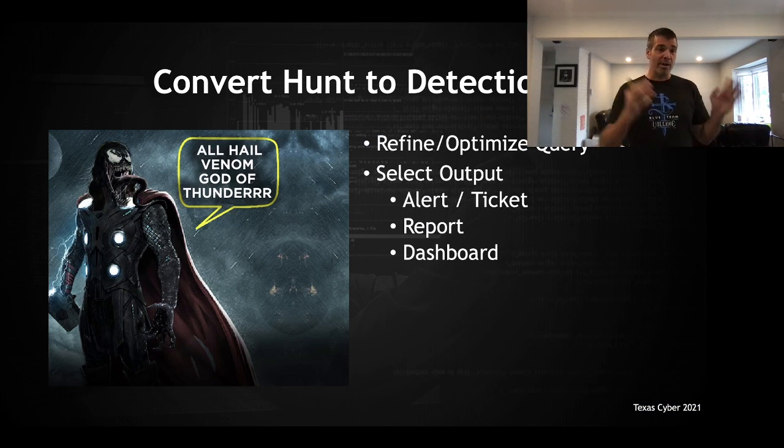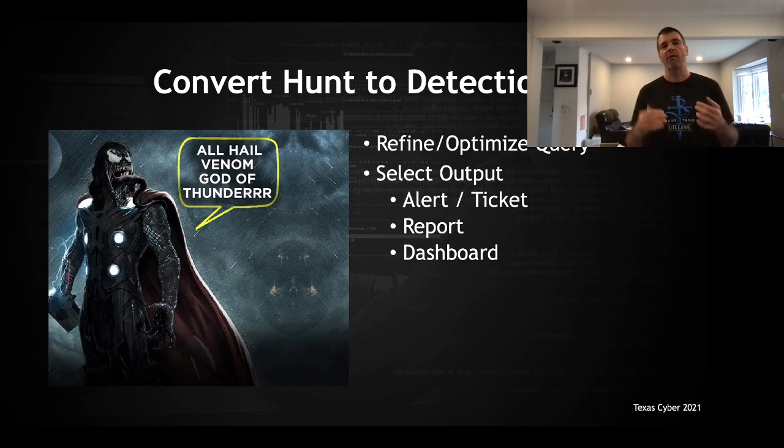Now that you have a working test that you can generate all the time and that you have a hunt query that detects your event, it's time to convert your hunt into detection. But be careful, it's not all of your hunt or all of your query that will be worthy of an alert, right? For me, an alert is equivalent to a ticket that you send to your SOC. But there are some things that are better suited for a report or maybe a dashboard that your analysts will review daily, weekly, maybe even monthly.